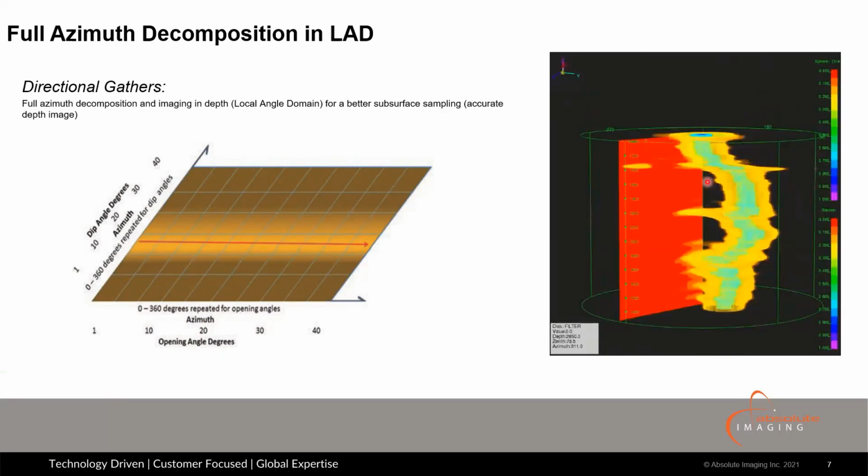You can see one particular corridor of high energy, which is what we call specular energy, and that represents the true structure. So by following this energy here, this is exactly where your true structure is. Okay.